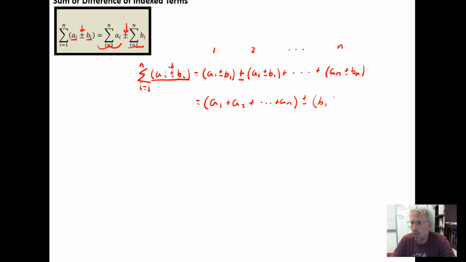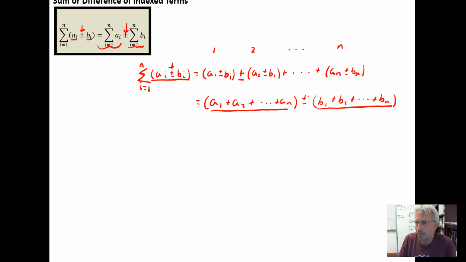So you do b sub 1 plus b sub 2 plus dot, dot, dot, plus b sub n. So you break up the additions so that all of the a sub i's are grouped and all of the b sub i's are grouped.